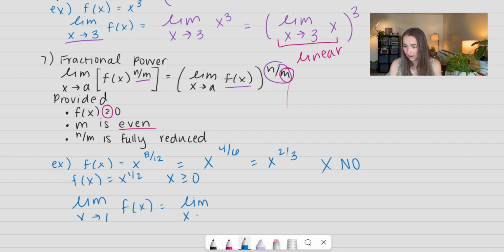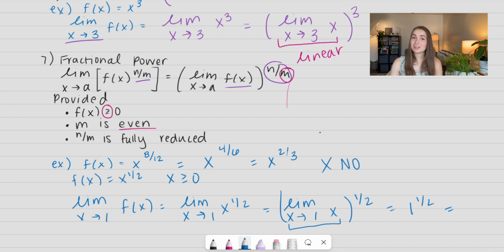We're going to plug in our f of x. We get x to the 1/2. And now I'm going to apply that rule, which is very much similar to the power rule. I can take out that exponent from the whole limit. And so now I'm going to go ahead and evaluate this like I do a linear function. I get 1 to the power of 1/2, which is indeed 1.